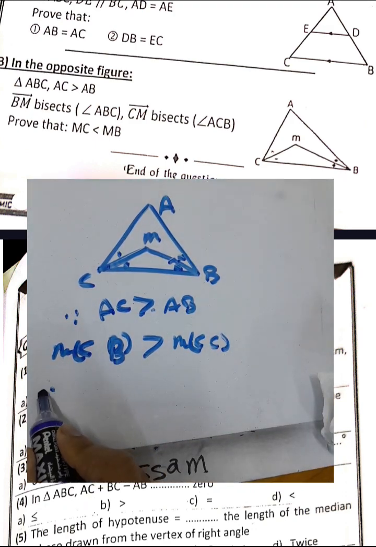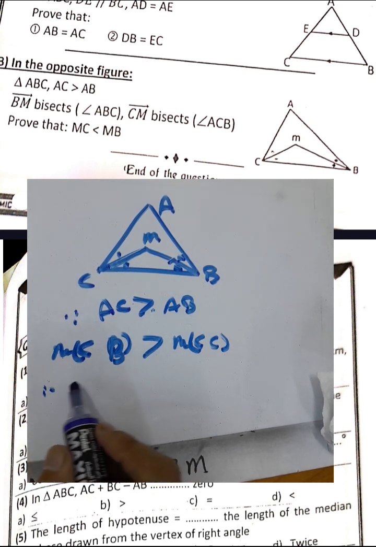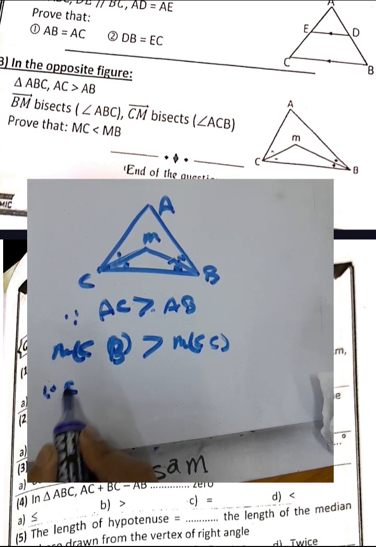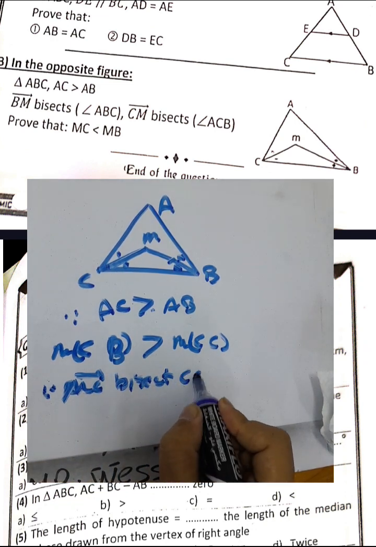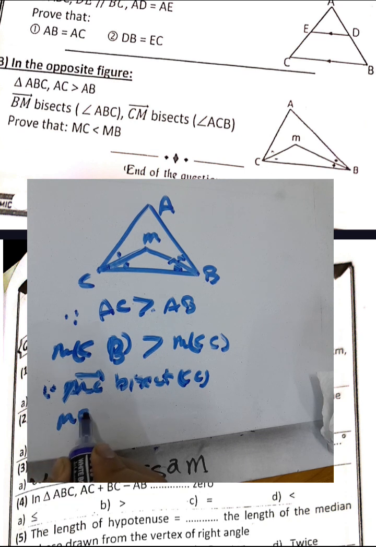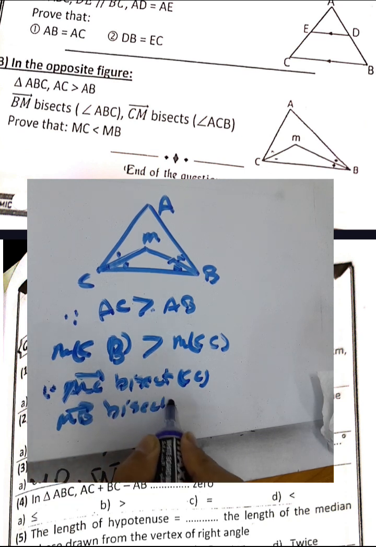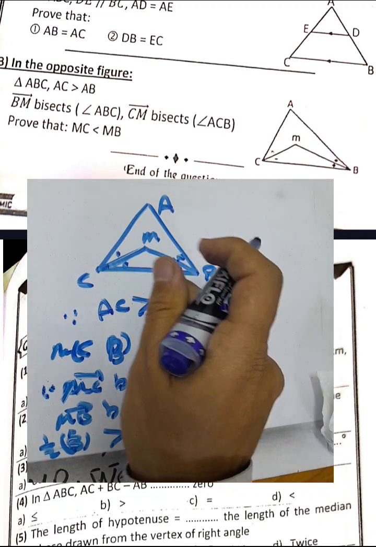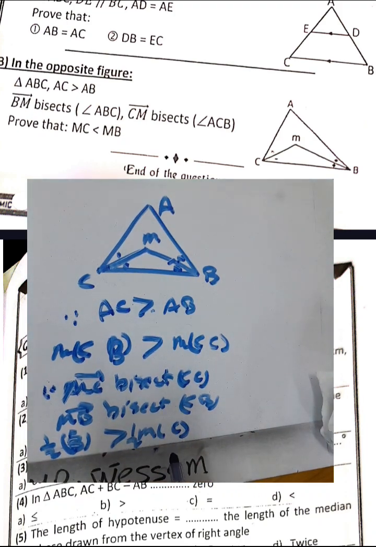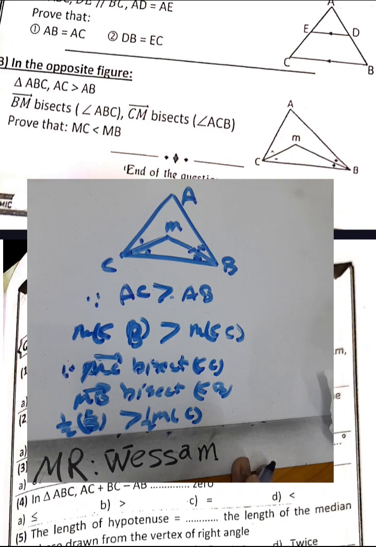Then if we divide by 2, we have bisectors, such that MC bisects angle C and MB bisects angle B. Then half of angle B is greater than half of the measure of angle C.